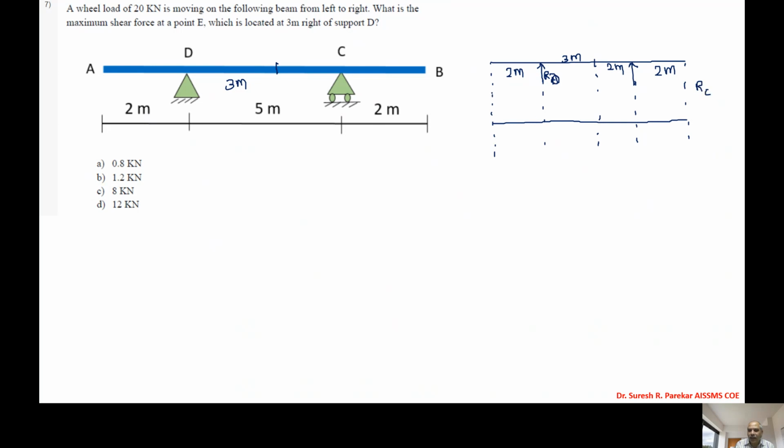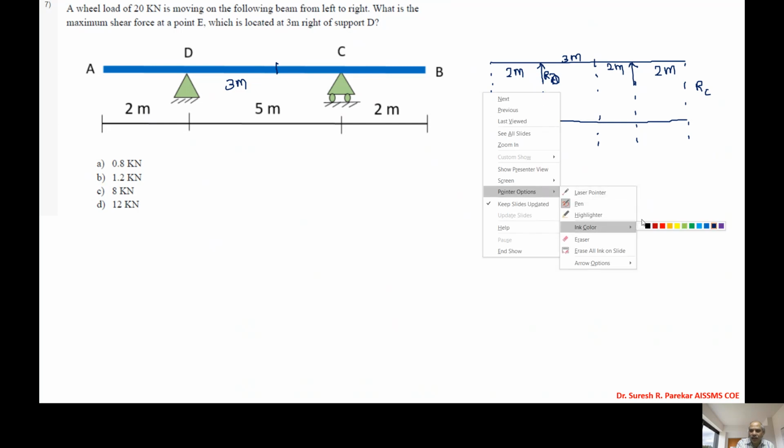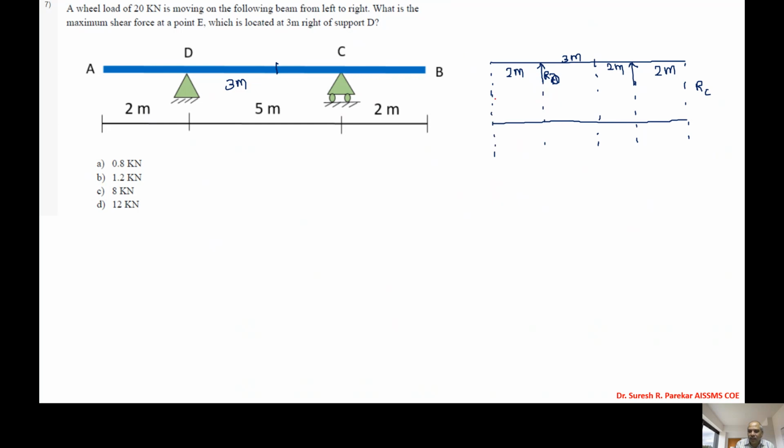So if we plot the ILD, I will draw it by a dotted line. I will change the color. We have 1 at this point, and definitely we should have 0 at C. So this is for RC. This is 1 at D, and therefore it will be 7 by 5, and this will be 2 by 5.